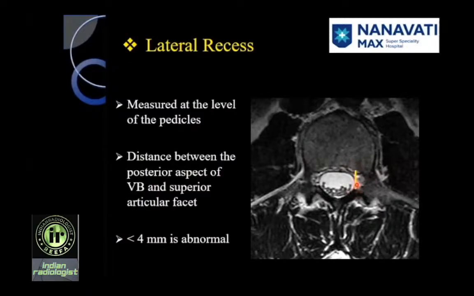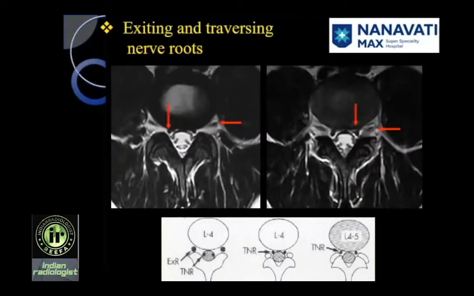This distance is measured just outside the margin of the thecal sac at the level of undersurface of pedicle. Anything less than 4 millimeters at this juncture is abnormal. When you have diameter of 2 or 3 millimeters, it will be called lateral recess stenosis. 4 or more, normal.